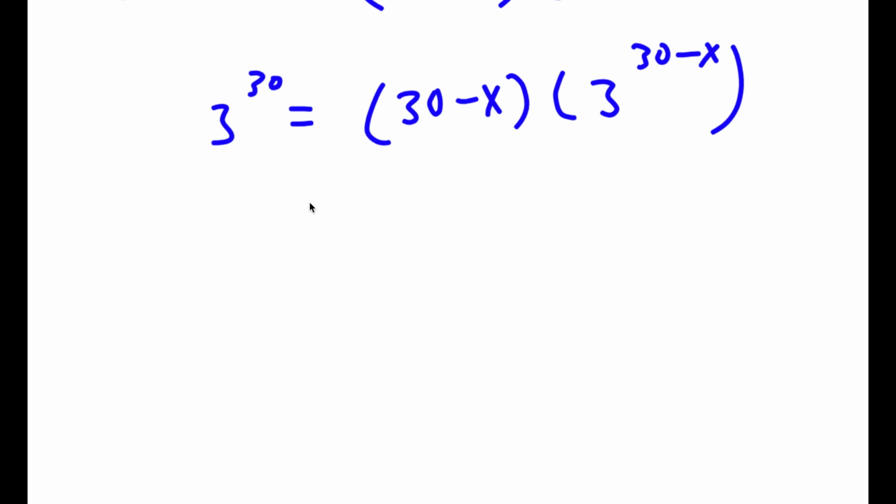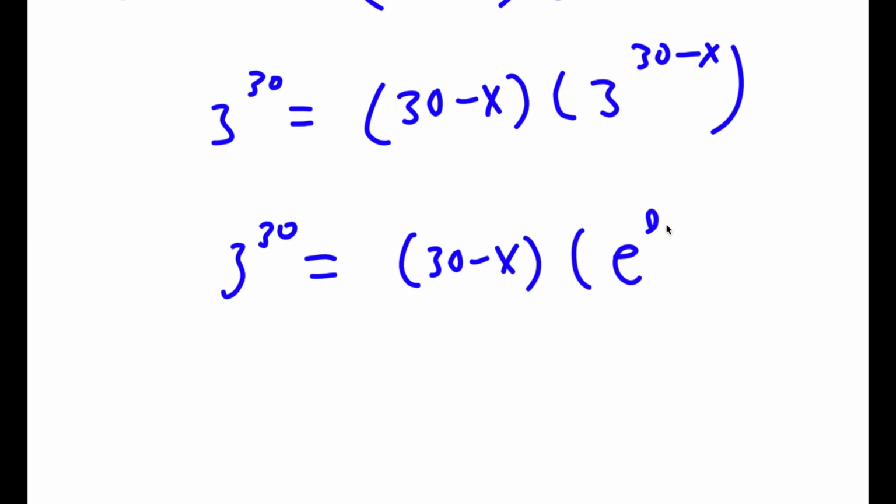So I'm going to write this as (30 minus x) times e to the power of ln 3 times (30 minus x), because e and ln cancel out, so everything over here simply stays the same.